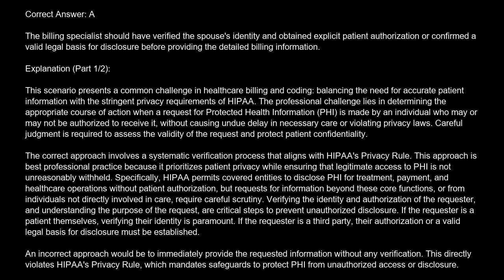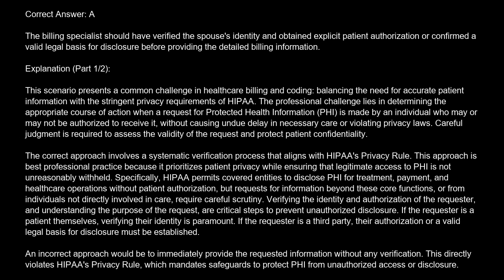This approach is best professional practice because it prioritizes patient privacy while ensuring that legitimate access to PHI is not unreasonably withheld. Specifically, HIPAA permits covered entities to disclose PHI for treatment, payment, and healthcare operations without patient authorization, but requests for information beyond these core functions, or from individuals not directly involved in care, require careful scrutiny.